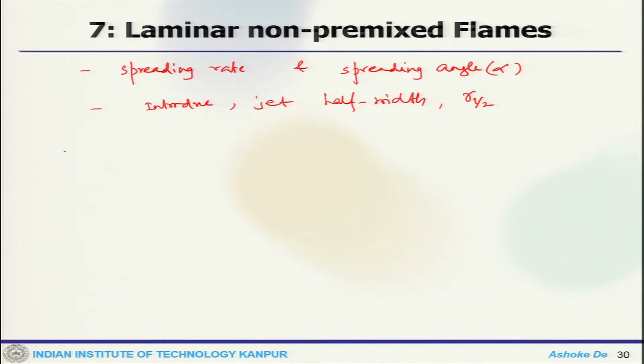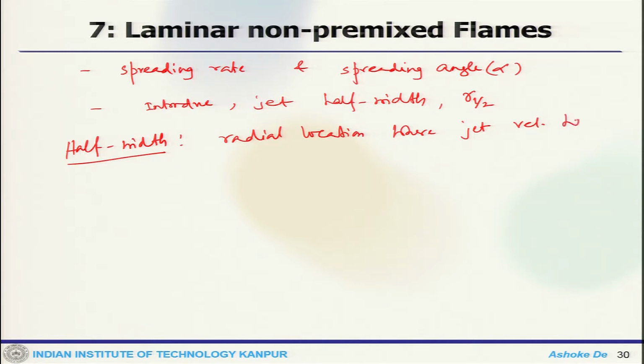Now, what is half width? One can see that half width is the radial location where the z velocity has decayed to 1/2 of its central line value.